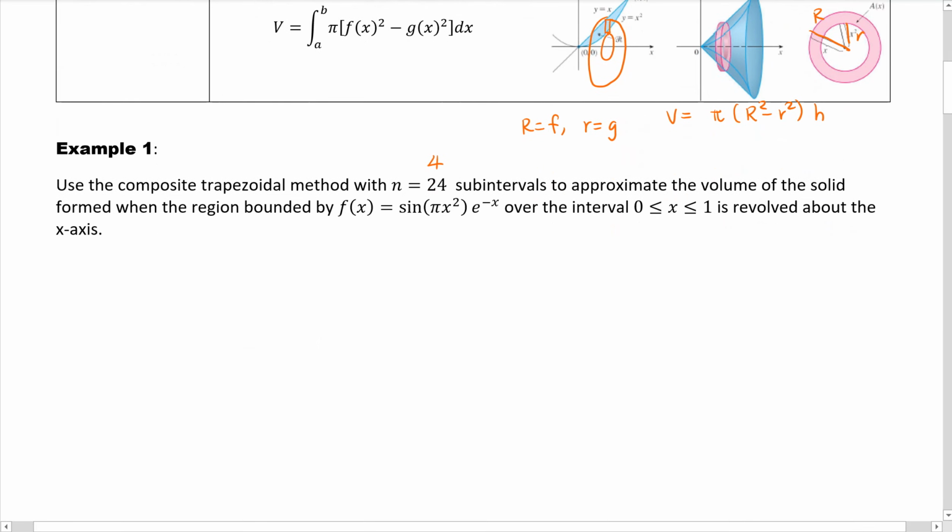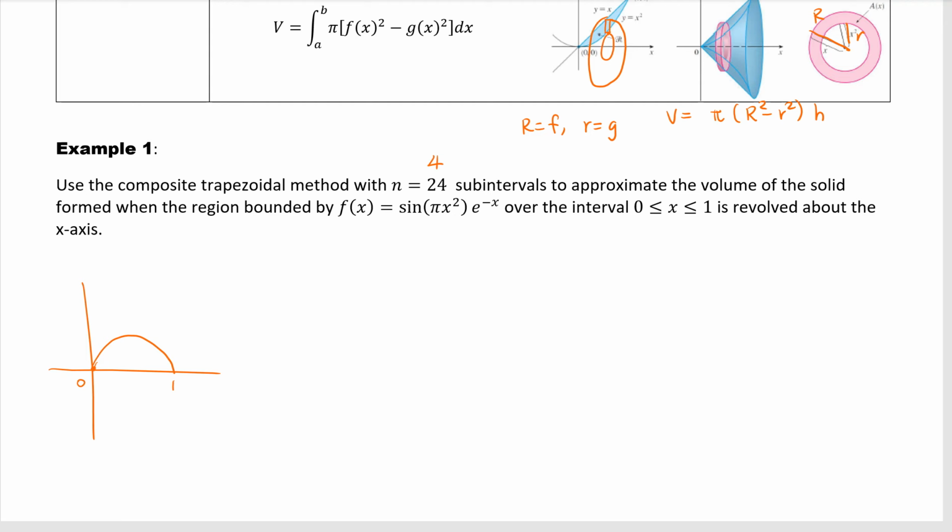Let's draw a picture. We don't know what it looks like, but when x is 0, sine of 0 is 0 and e to the 0 is 1, so it is 0 at 0. At 1, sine of pi is 0. So it's something like this, from 0 to 1.